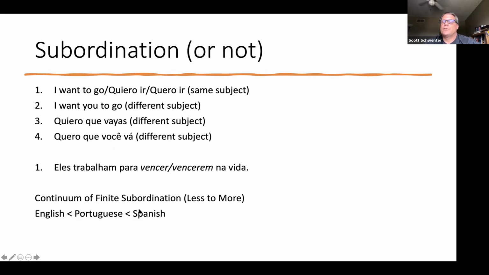And Spanish prefers, in a lot of places, to do quiero que vayas. So Spanish actually prefers this finite subordination. So we like to torture our students in Spanish with que and subjunctive verb forms after them, till they're blue in the face trying to remember all of the subjunctive conjugations.